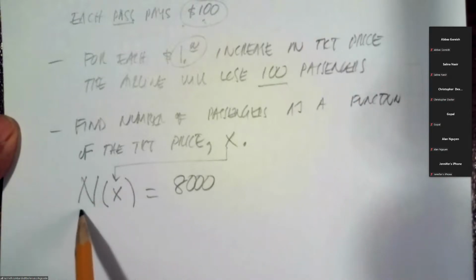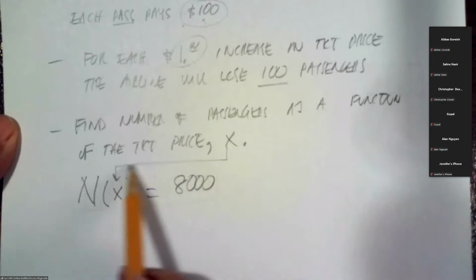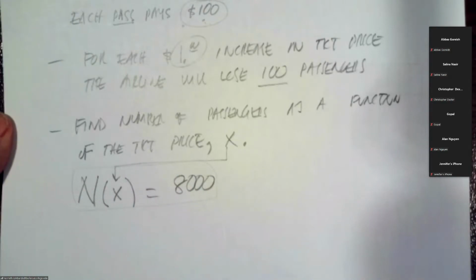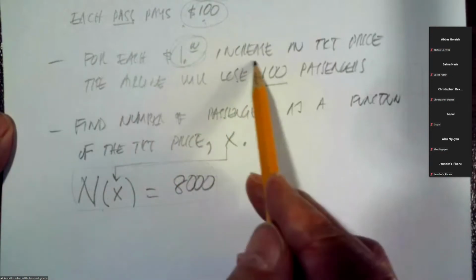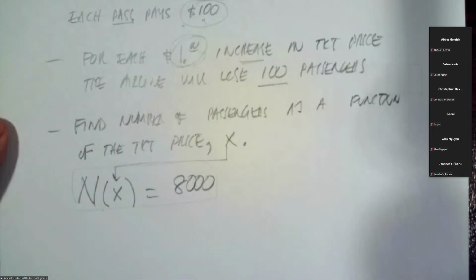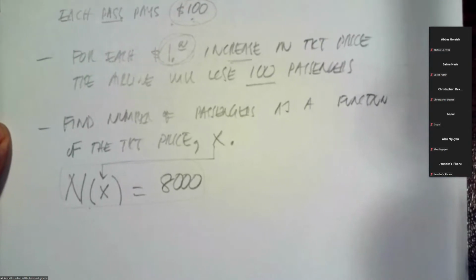So I can say, well, hey, if I don't do anything, the number of passengers I'm going to fly is going to be 8,000. I'm going to make 8,000 times $100 per passenger, and I'm in good shape. But I want to know how this number changes, or if this number changes for each dollar increase in the ticket price. Can we figure that out? Do we have enough information to figure that out, or is that beyond the scope here? Sometimes we're asked questions and the real answer is, we don't have enough information to figure that out.